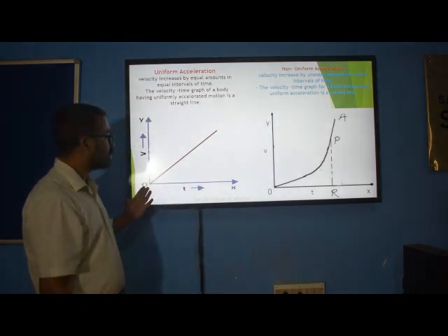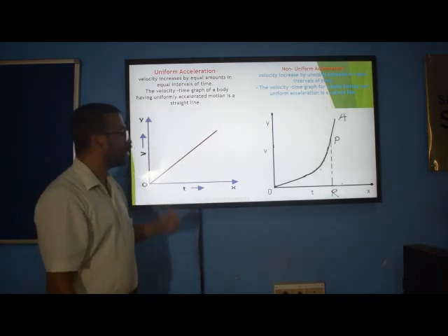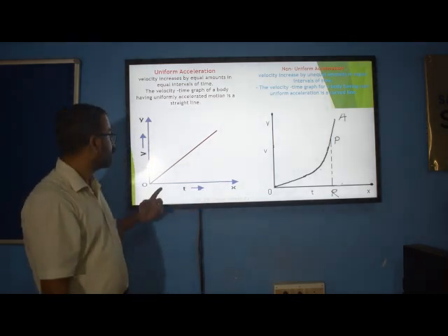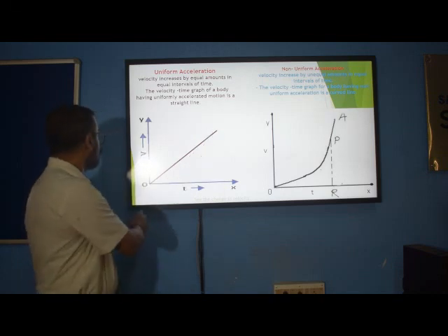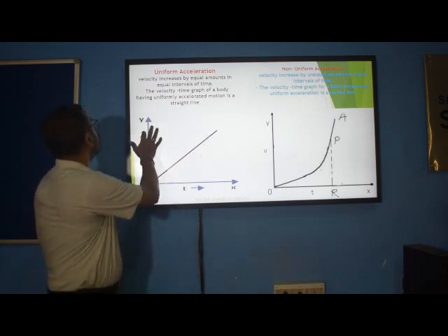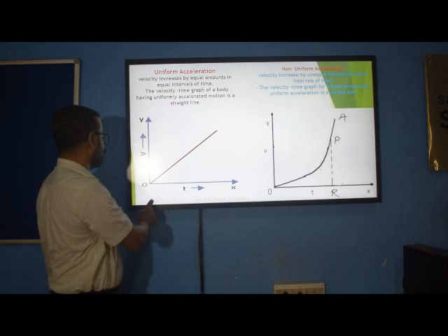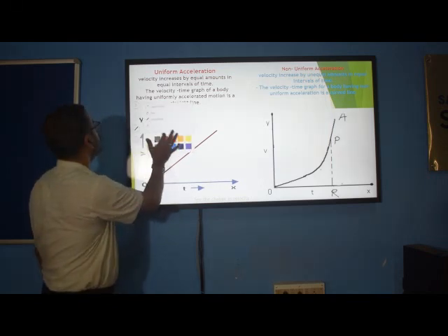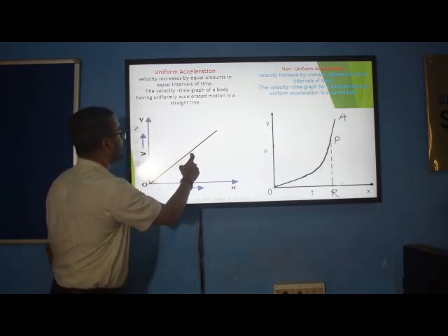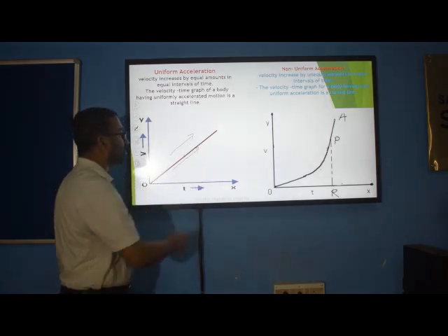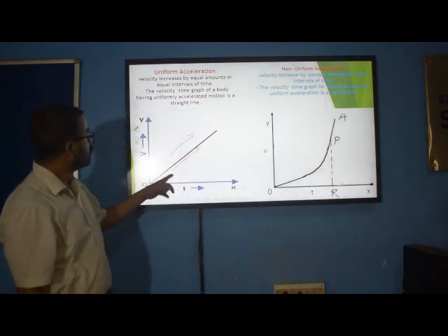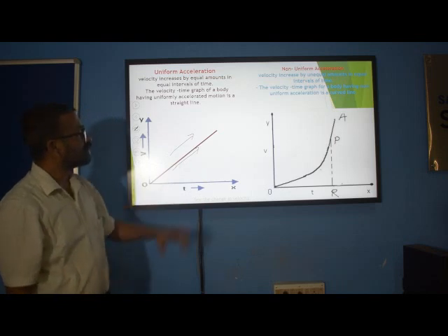See, this acceleration, we know it is a change in velocity with respect to time. Here the velocity changes at a constant rate, constantly it is increasing. So when we take the increase in velocity per unit time, it remains constant.